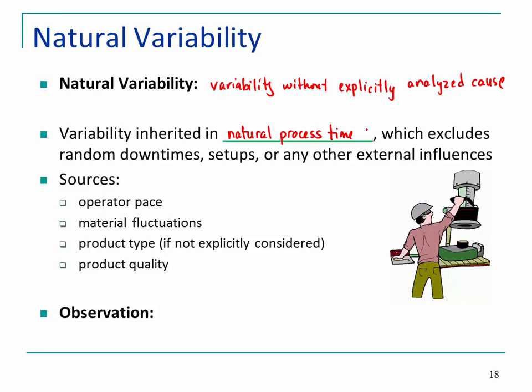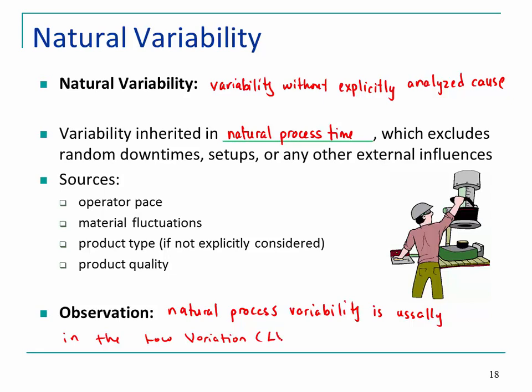So the observation is that natural process variability is usually in the low variation, or LV, category.